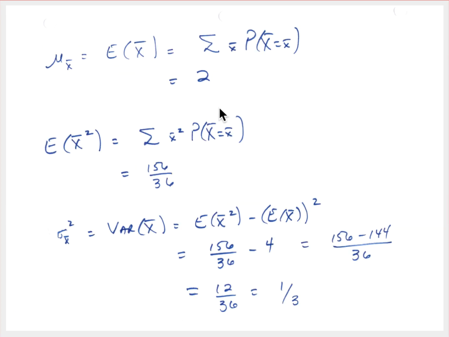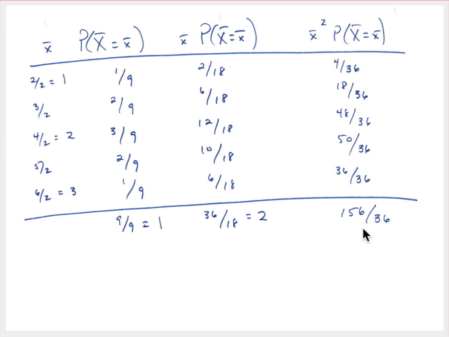Okay, and so we have here the mean of the sampling distribution of X bar, which is the expected value of X bar, equal to 2. The expected value of X bar squared turns out to be 156/36. Again, that's the column total for this fourth column.